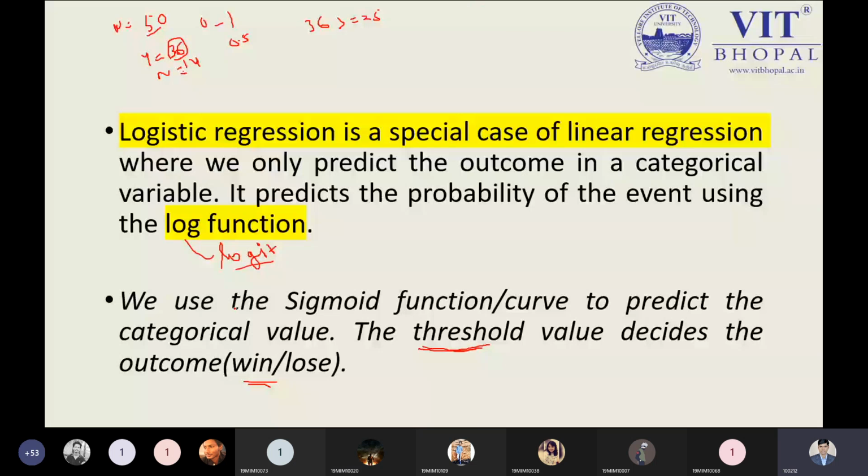In multiple linear regression, we have many independent variables like x1, x2, up to xn, plus c, and each and every variable will contain its own coefficient. So I can write like this: m1, m2, and so on up to mn. So this is the equation of multiple linear regression.